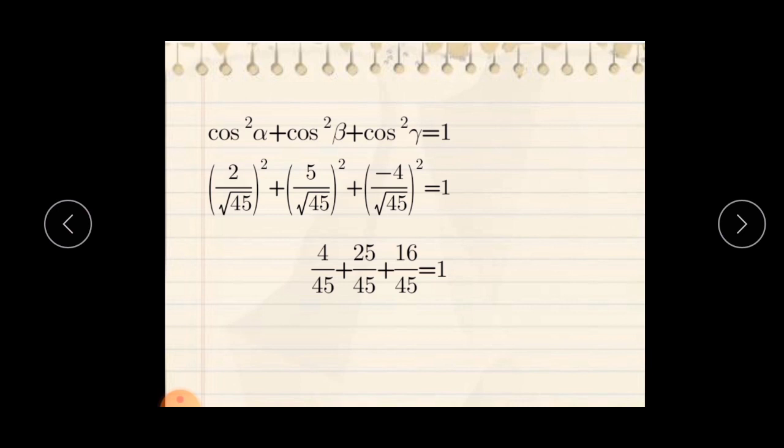And 4 over 45 plus 25 over 45 plus 16 over 45 is equal to 45 over 45, and 45 divided by 45 is 1. So as we can see, the sum of the squares of the direction cosines is 1. That is the answer of our example number 2.